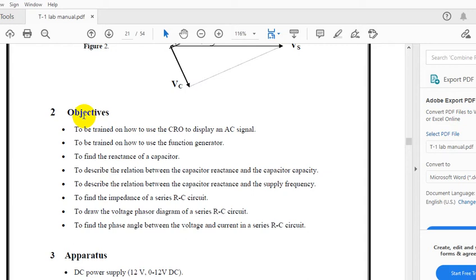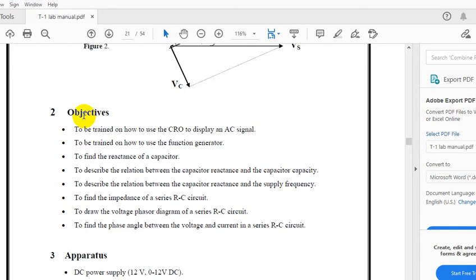A continuous time signal can be generated by using a frequency generator or function generator. You can generate any type of function: sine, cosine, triangular, square. With respect to frequency and amplitude, you can change everything here. This is the function generator.